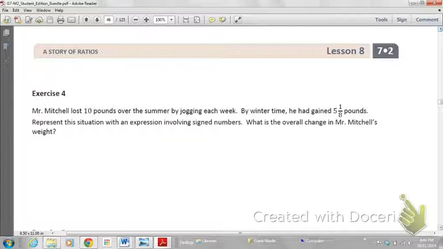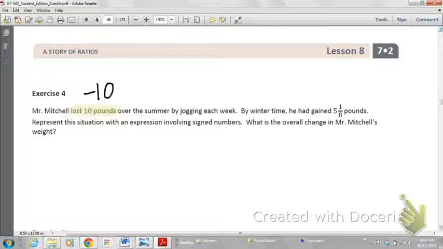Okay, I'm back. We'll do this together now, and hopefully have a final answer and all your work written out. Okay, so I'm going to read this problem now and highlight some key information as I go along. So Mr. Mitchell lost 10 pounds over the summer by jogging each week. Okay, so I know he lost 10 pounds. That is negative there.